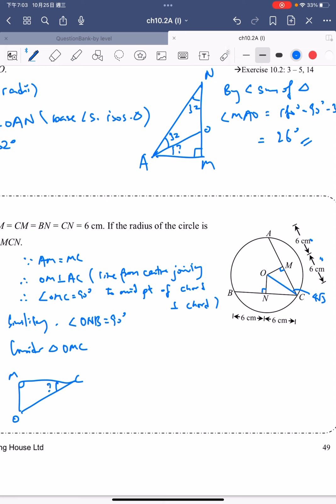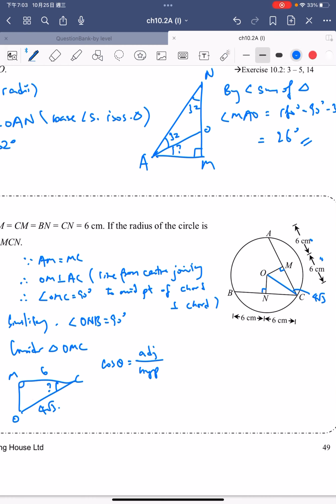Now MC is 6 cm, and OC is the radius, which is 4 square root 3. Then you can use cosine, because cosine theta is equal to the adjacent divided by the hypotenuse. So 6 is our adjacent because it's just next to the angle, and our hypotenuse is the line opposite to the right angle.